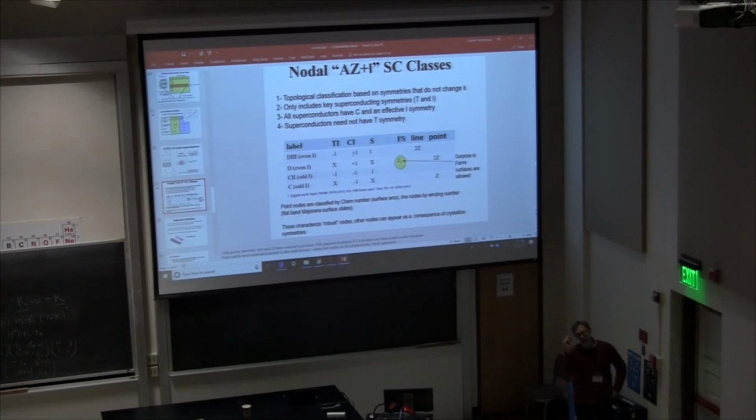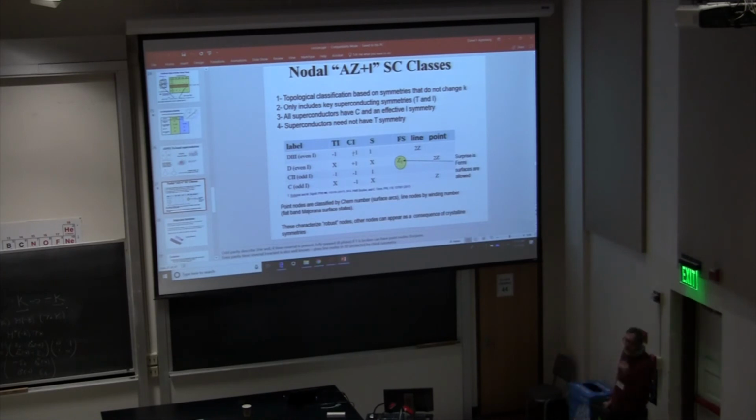Those symmetries are used to give a classification of all possible topological real space states. Well, you can do the same thing by looking at states that keep k invariant, and you can do a topological classification that actually maps directly to the so-called tenfold way that you see for real space arguments.